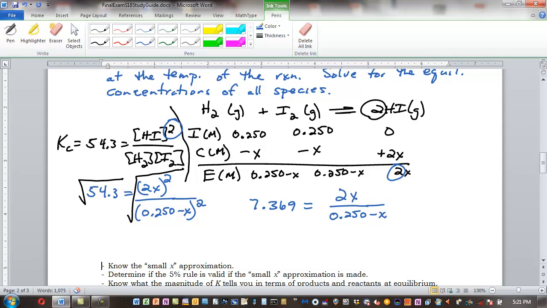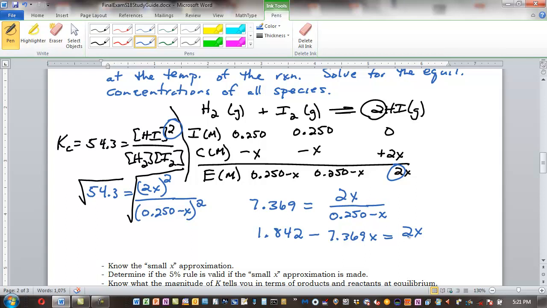All right, now we do have to do a little algebra. We need to multiply both sides of the equation by 0.25 minus x. So we're going to end up taking 7.369 times 0.25. We're also going to take 7.369 times a negative x. We'll get 1.842 minus 7.369x is equal to 2x.